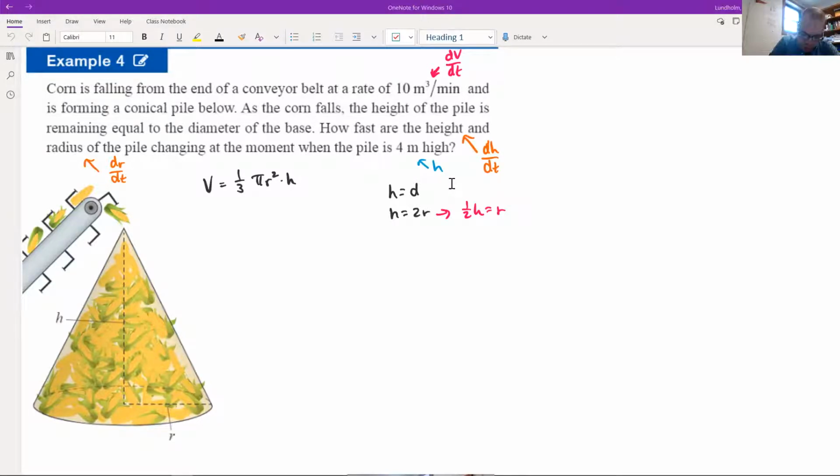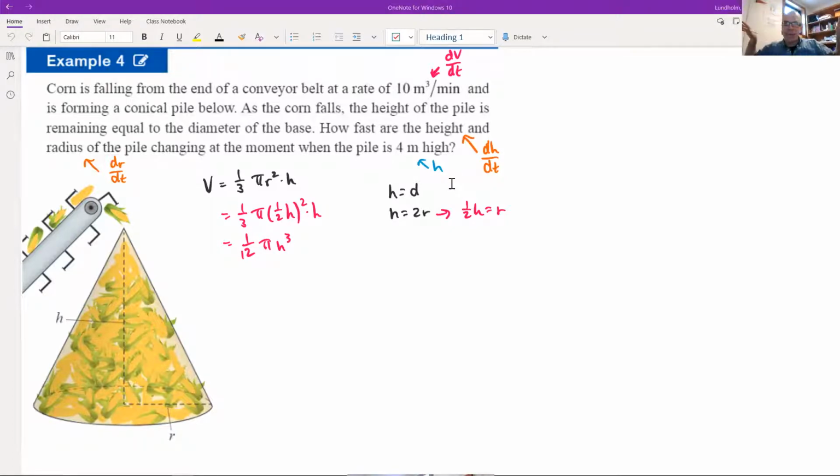And so we go over here and we get 1/2 h squared times h. And then we've got 1/12 pi h cubed is an equation for the volume.